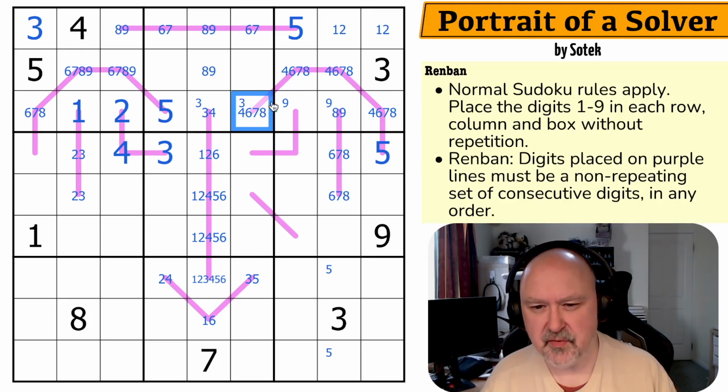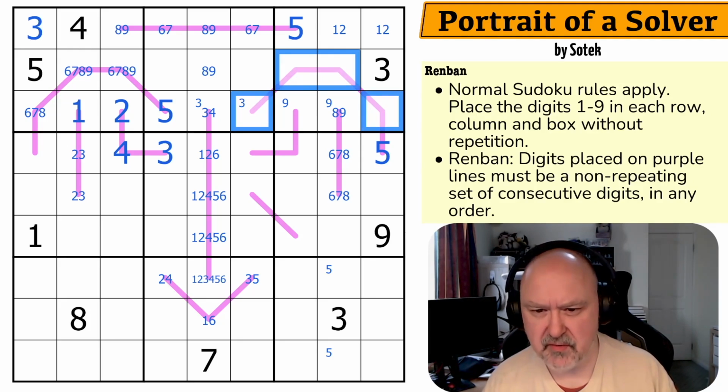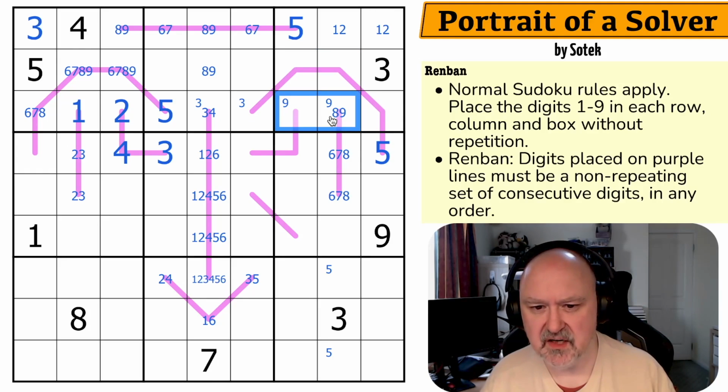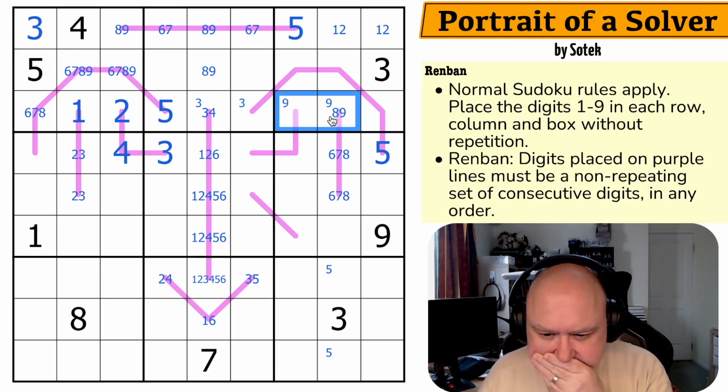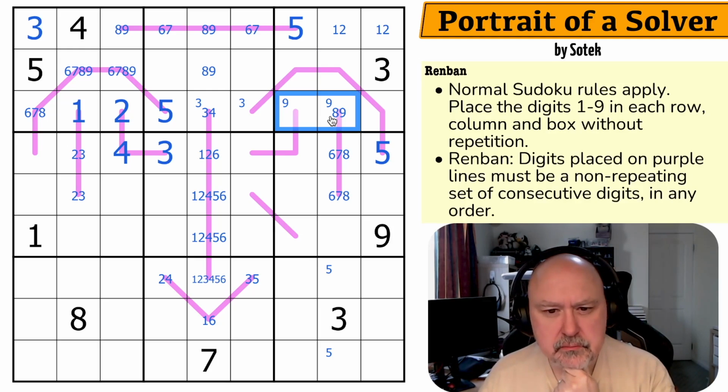Hang on, do I need to put a 4 on this line? Sorry, that could be wrong. Because this could be 7, 6, 4, 3. This could be 7, 6, 4. This could be 7, 6, 4. And this could be 8, 9. I don't know.